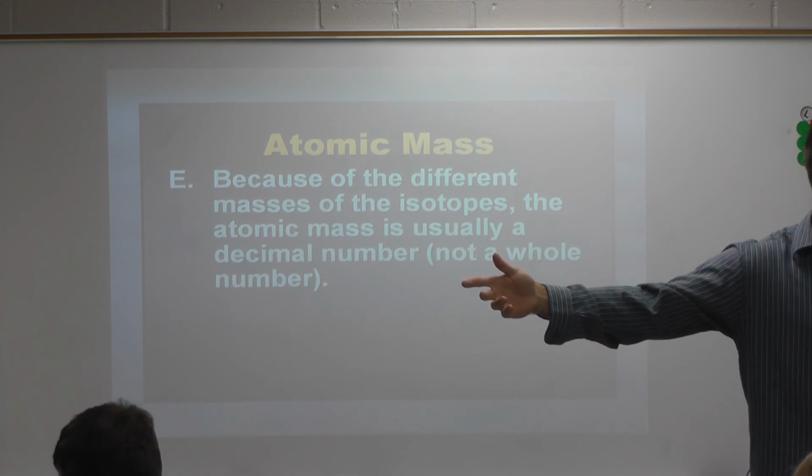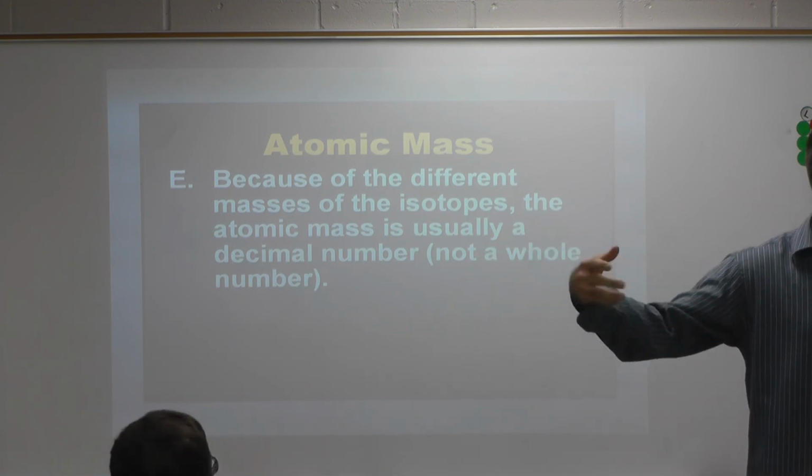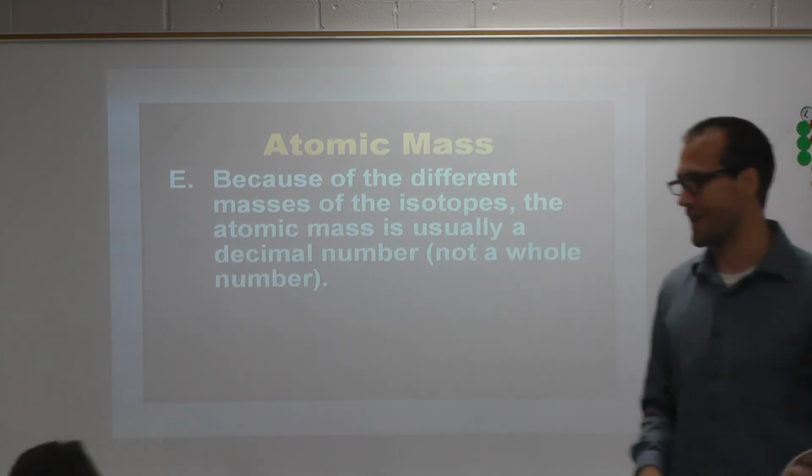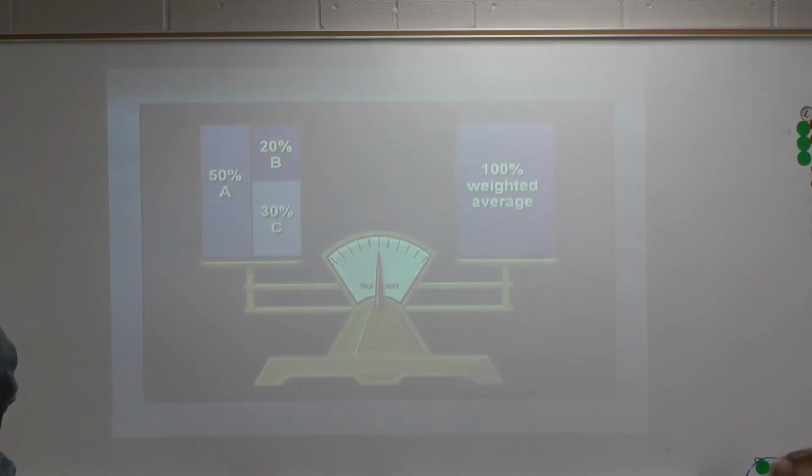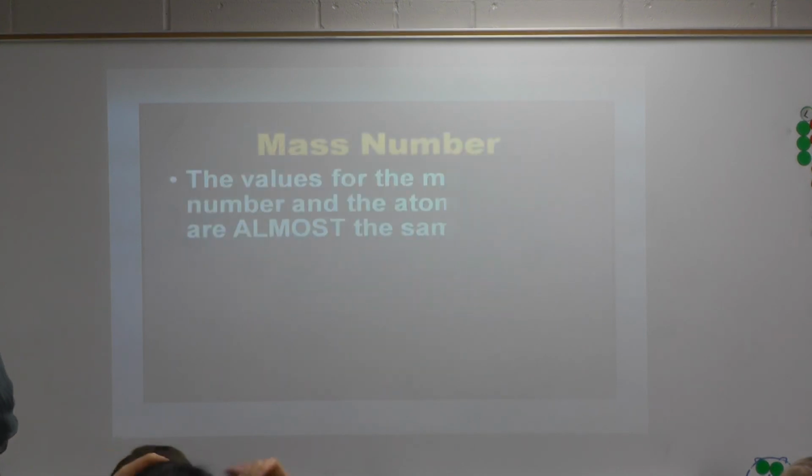Different atomic mass, right? If you have a different number of neutrons, it's going to weigh different amounts. And so they have to take an average of that to get what it would be. Just saying, if you got 50% A, 20% B, 30% C, you have to take a weighted average. I'm not going to get too crazy into this. This is the last one.